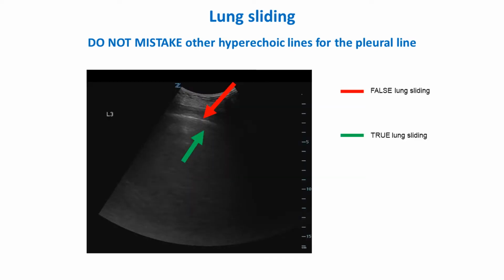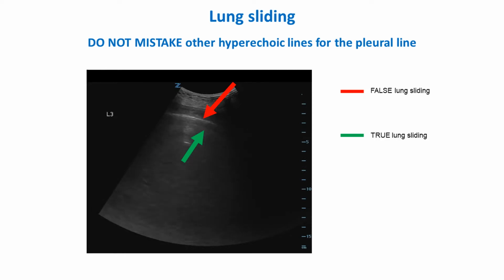Here is another example where the red arrow indicates a hyperechoic horizontal line which is not sliding, and so it's not the pleural line. It may be a muscular fascia. The real pleural line is here underneath, not clearly visible, indicated by the green arrow.